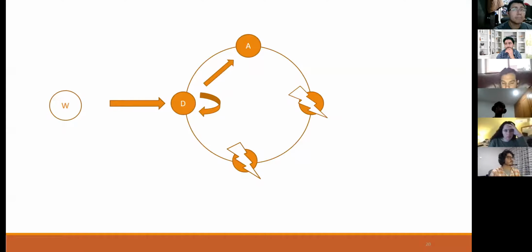Okay, so we're back to the example that shows this. In this case, there is an event W, which tries to write on D. But once D tries to replicate to A, B, and C, it notices that B and C are down for external reasons.